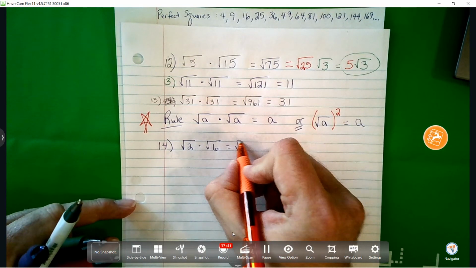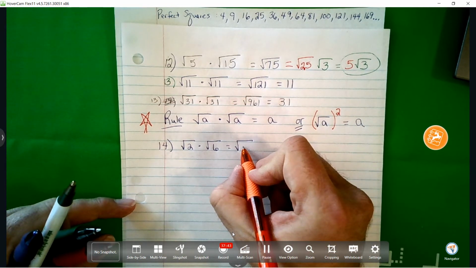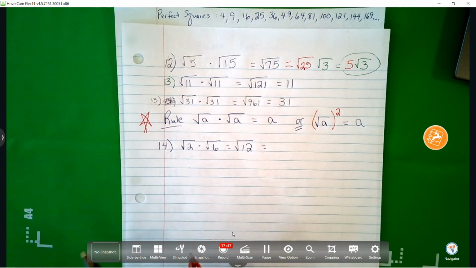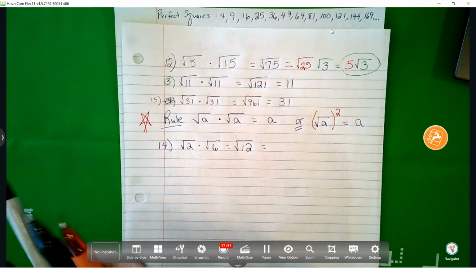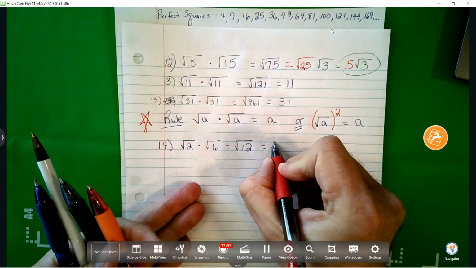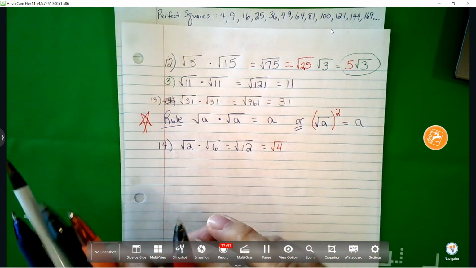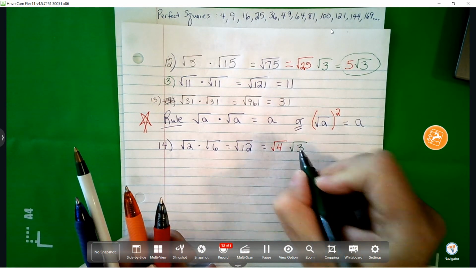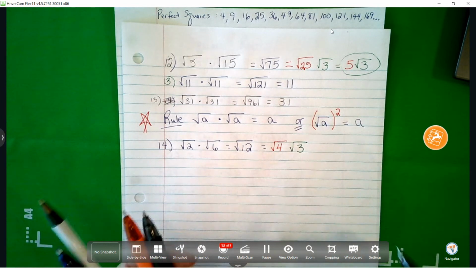We don't need a calculator to multiply 2 and 6. That's a 12. And 12 isn't listed up here as a perfect square, is it? Well, which perfect square divides evenly into 12? How about 4? Is 4 the only perfect square that divides evenly into 12?